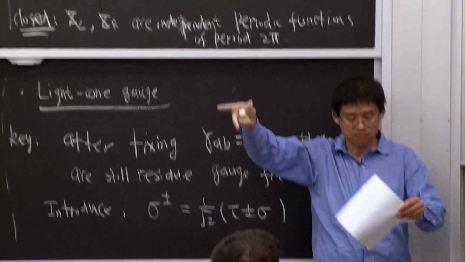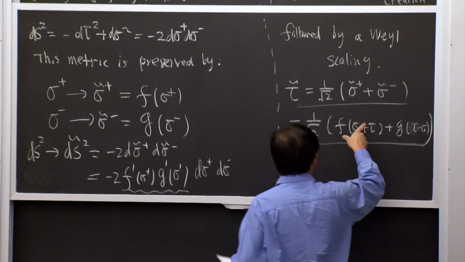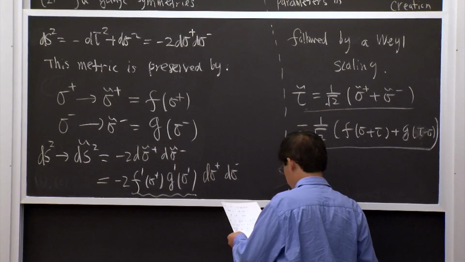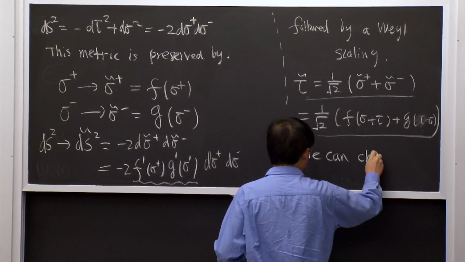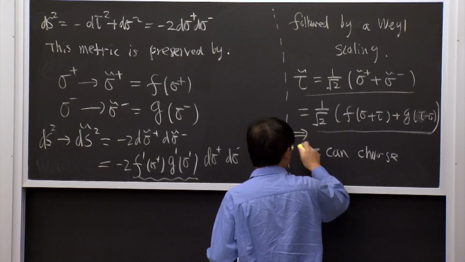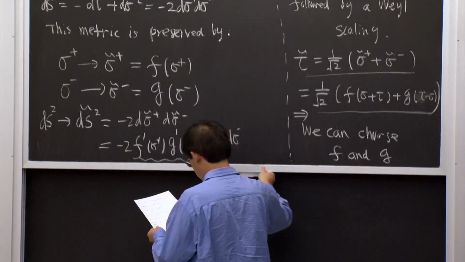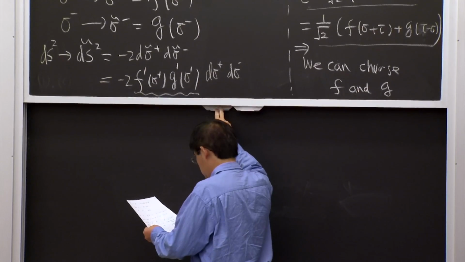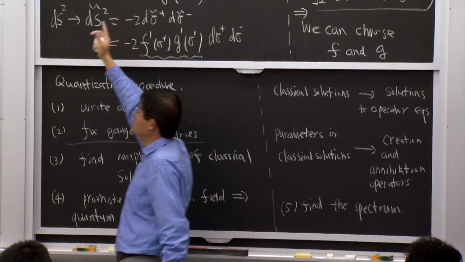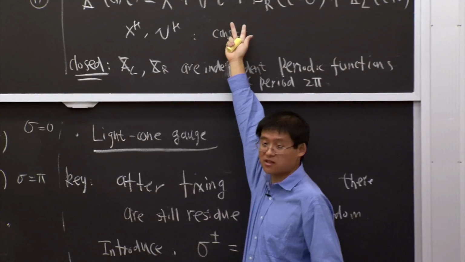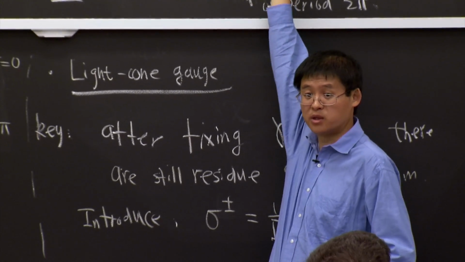So we can use this freedom. We can choose f and g so that tau is given by any combination of the solutions of x, because solutions of x precisely have this form.